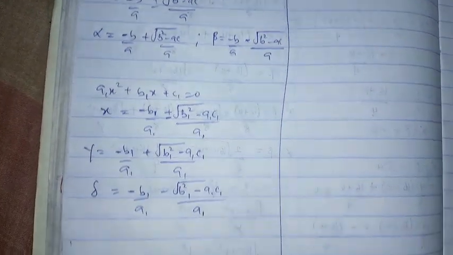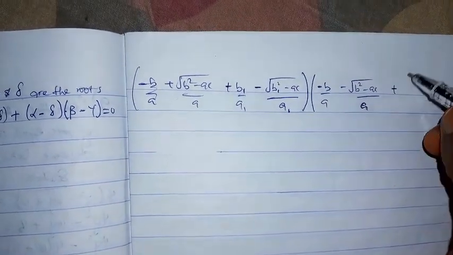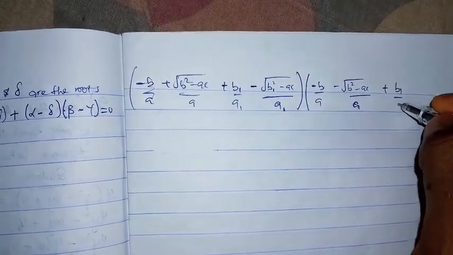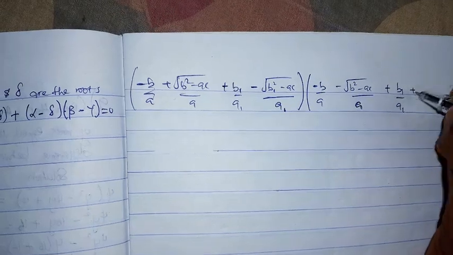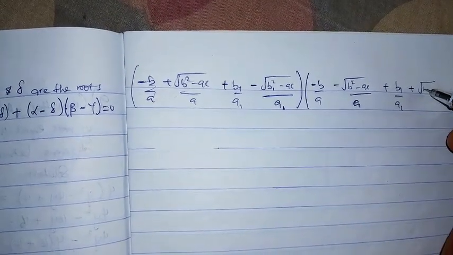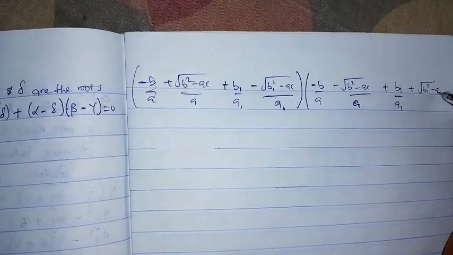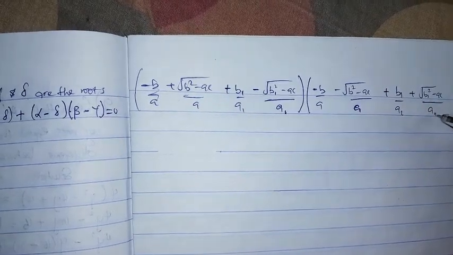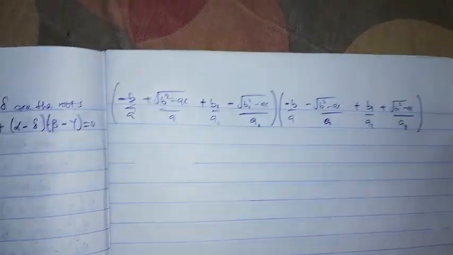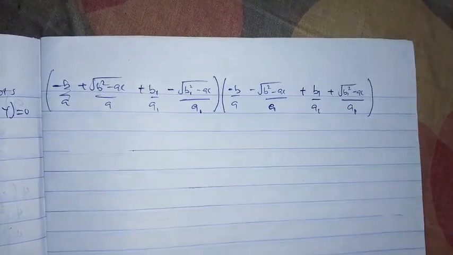My delta is minus b1 over a1 minus the square root, so this becomes plus all through: b1 over a1 plus the square root of b1 squared minus a1 c1 over a1. Now, all you need to do is just to expand this.